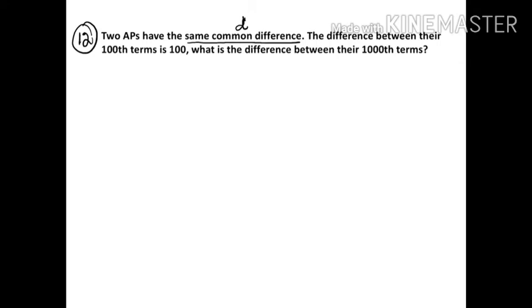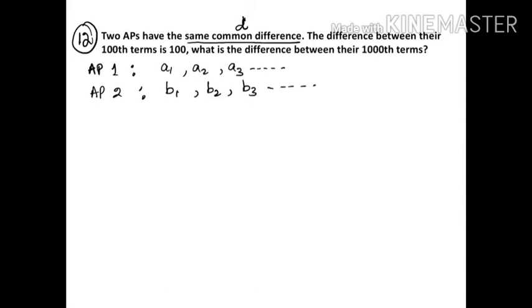So let us denote one AP by A1, A2, A3 and so on, and the second AP we will denote by B1, B2, B3 and so on. Difference between their 100th term.